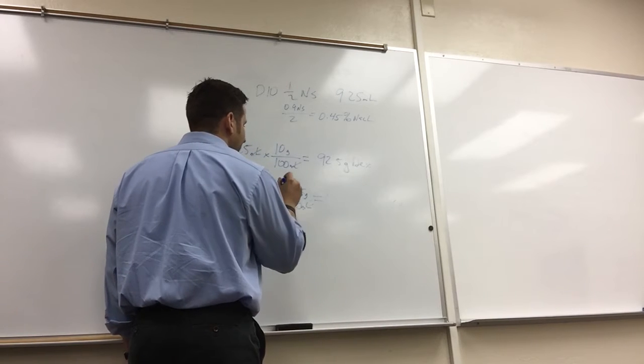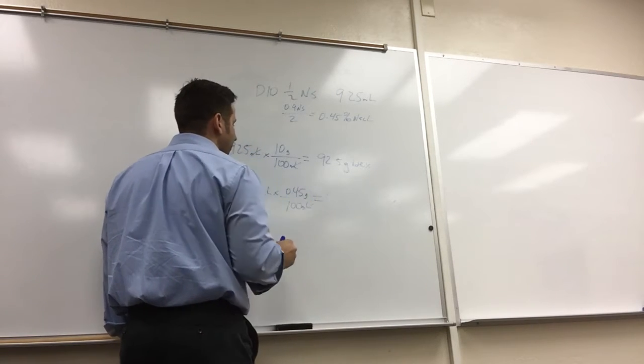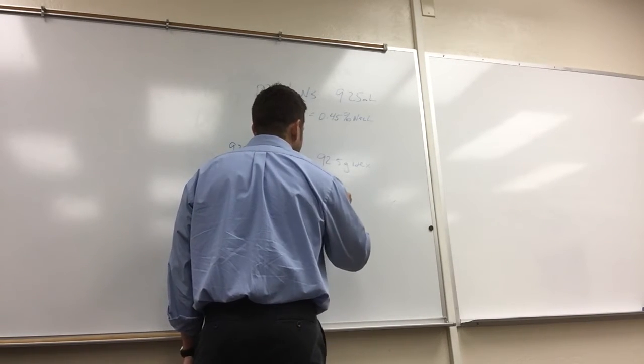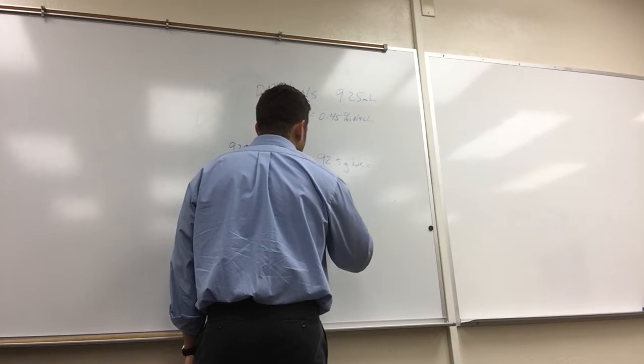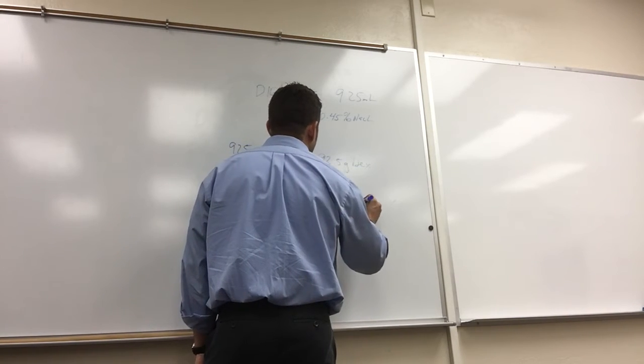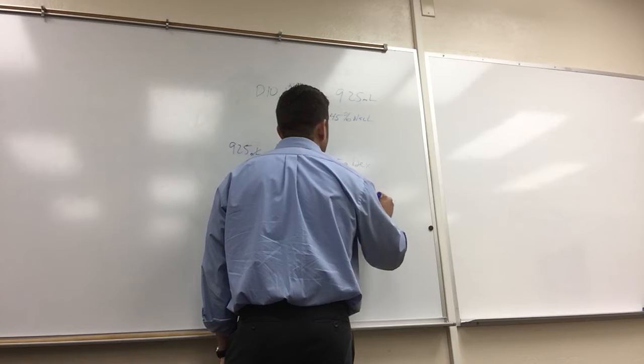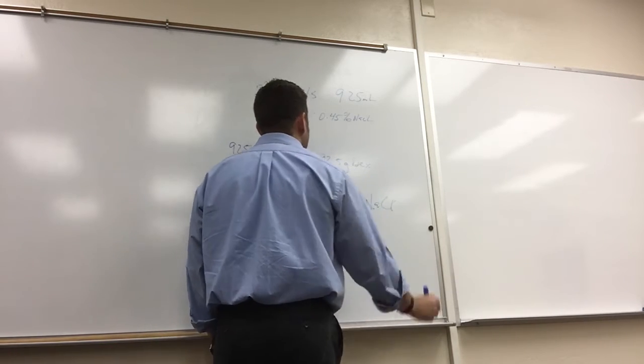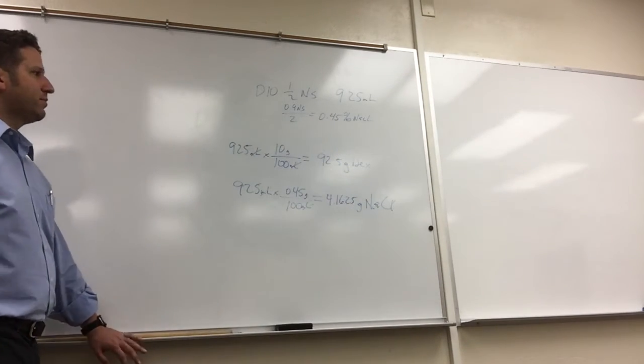So 925 times 0.45 divided by 100 is, what'd you say? 416.25 divided by 100 is 4.1625. 4.1625 grams of sodium chloride.